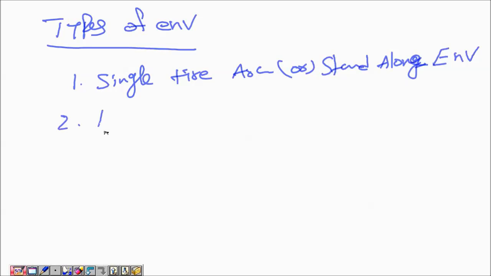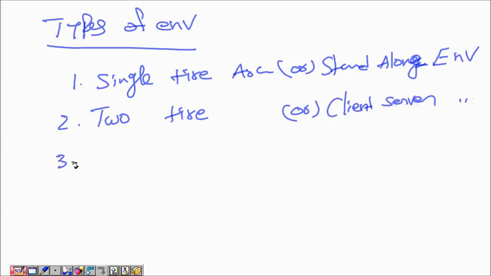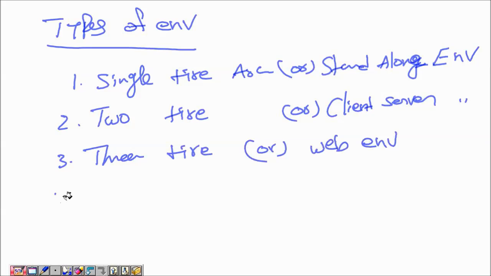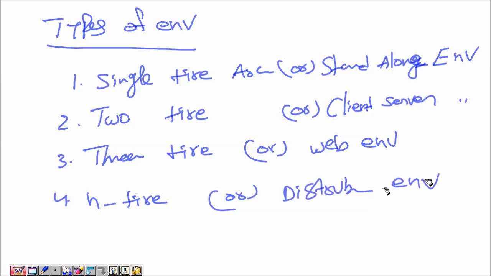Second one, two tier architecture or client server environment. Third one, three tier architecture or web environment. Fourth, N tier architecture or distribution environment. Like that we have the four environments.